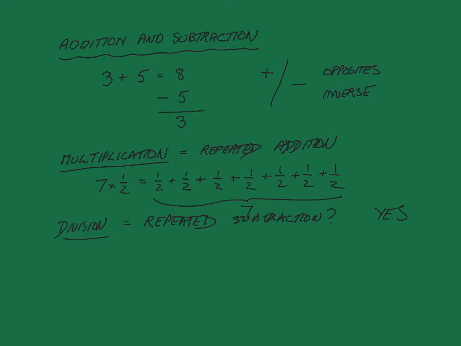If I want to divide, say, 12 by 3, I can say that that's like 12 minus 3, which equals 9, minus 3, which equals 6, minus 3, which equals 3, minus 3, which equals 0.